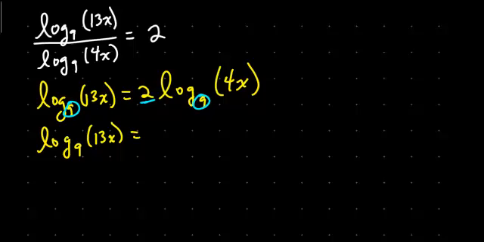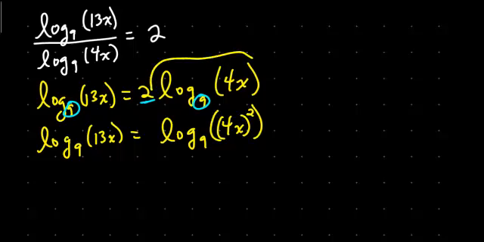So this equals log base 9 of 4x squared. That is, I brought the 2 up there. So we get that. Now I have log base 9 of something equals log base 9 of something. Thus those somethings must be equal. That is 13x must equal 4x squared.